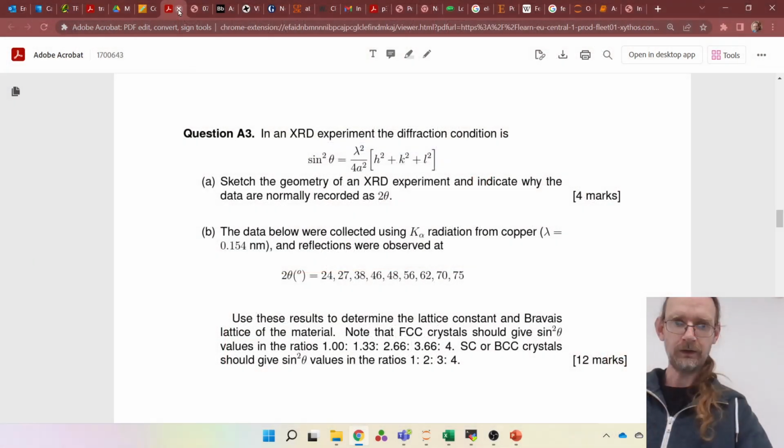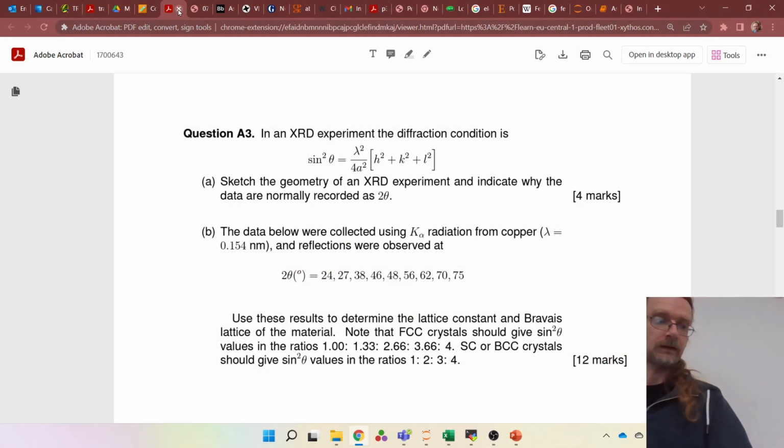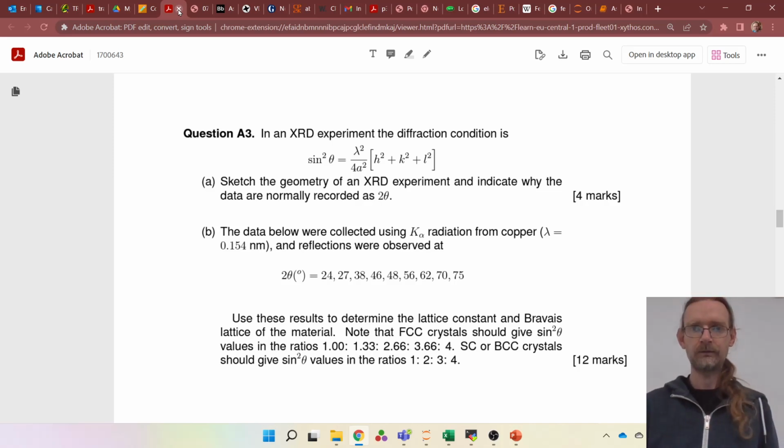I'll go back if you want. That's the formula: Bragg's law and substituting the length of a reciprocal lattice vector for a cubic crystal.